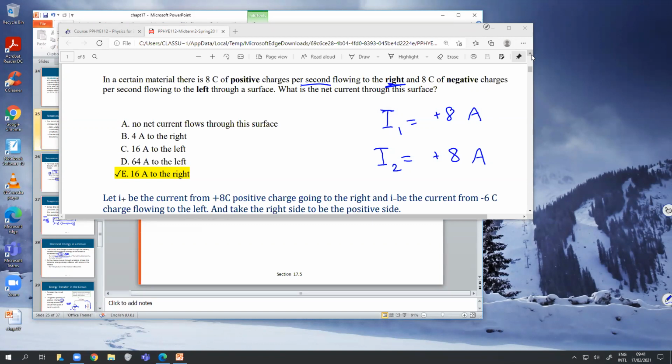So I1 is plus 8, I2 is also plus 8, so the total current is plus 8 plus 8, equal to plus 16. That means the direction is to the right. Since we got a plus answer, the direction is to the right. I hope you all followed what's happening here. Maha? Yeah, okay, good.